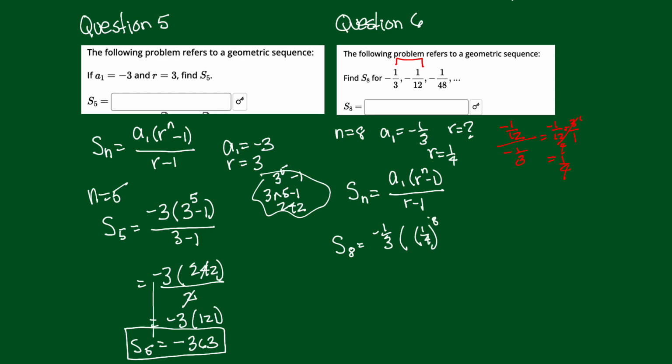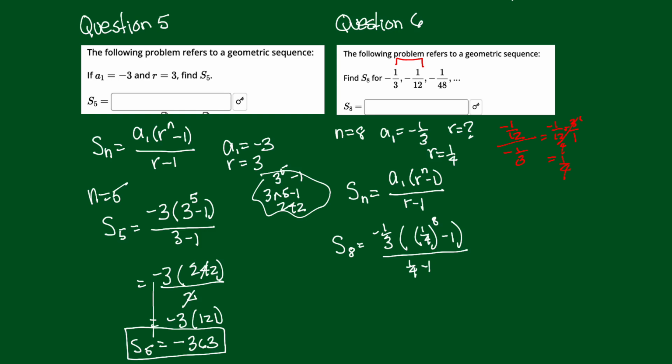Now n is 8, right? It matches that one right there. And then minus 1, close that, all over r, 1/4 minus 1. Now you can see this is just a pretty cumbersome arithmetic operation.